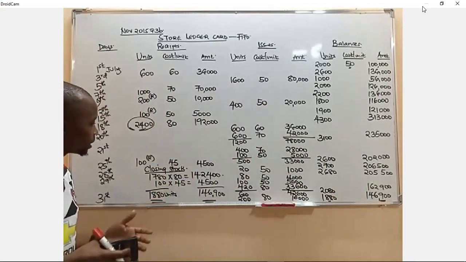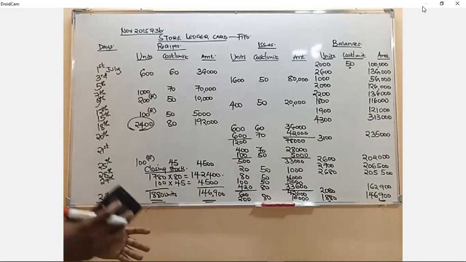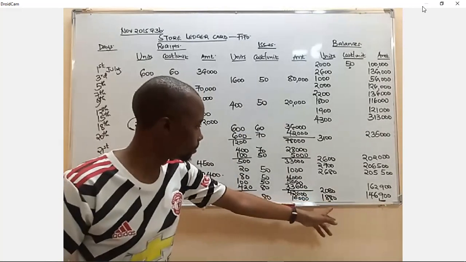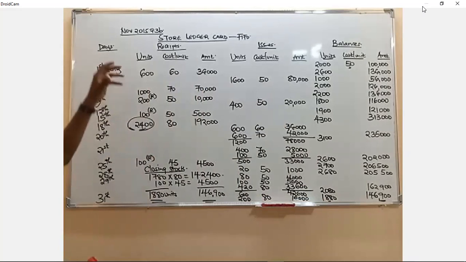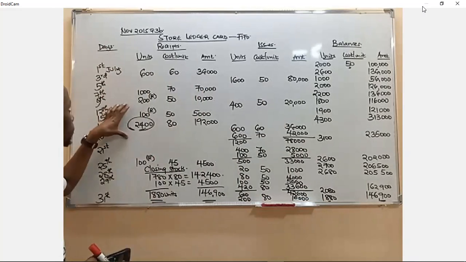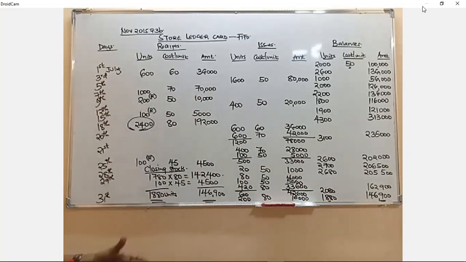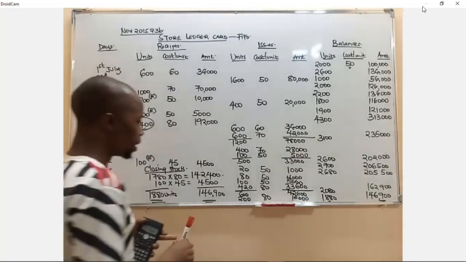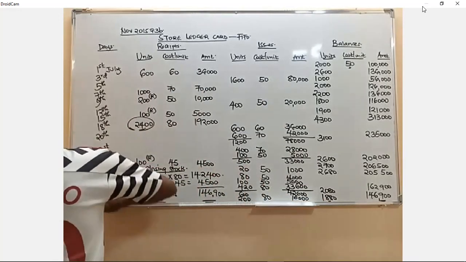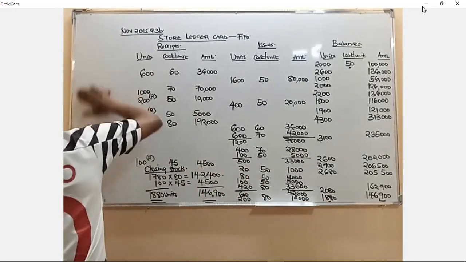Whether I'm using weighted, whether I'm using standard, whether I'm using simple, the units should be the same. So tomorrow you can be able to do your practice, use the same question that I have done November 2015, repeat it using a different method.